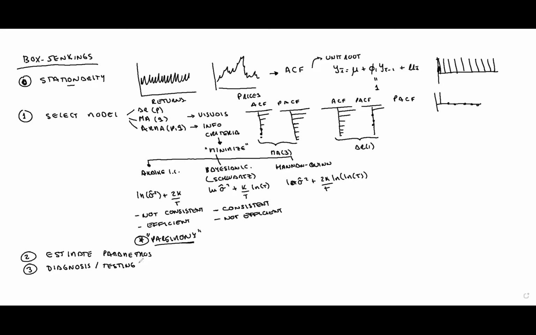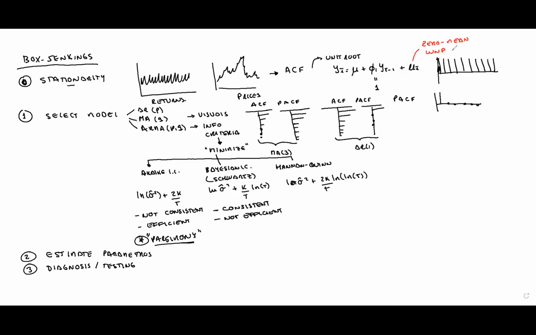And what is the main assumption here, guys, to remember about the u_t, this error? The main assumption is that this one here is a zero mean white noise process. Do you agree?